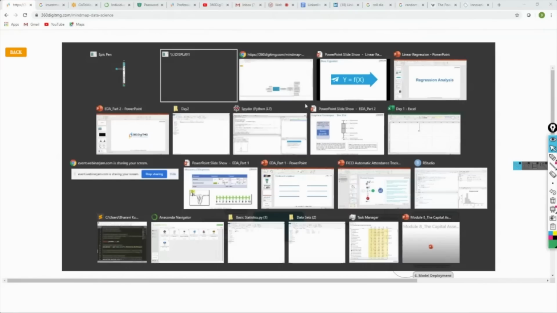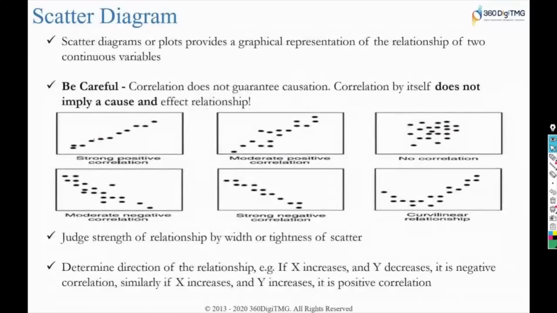Scatter plot will help you understand the direction. If you look at this, this is positive correlation, meaning as one variable increases along this direction, another variable is also increasing. If you observe here, as you increase along this direction, this is also increasing.